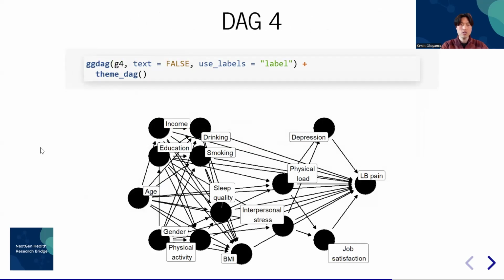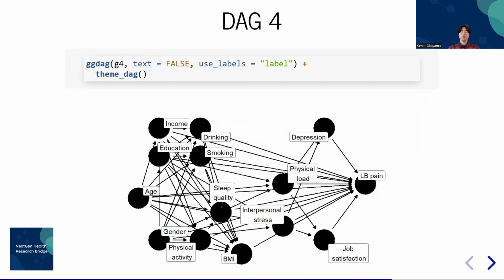Let's look at this G4 object, and we see even more complicated DAGs now, and it is quite effective to distinguish between confounders and especially mediators.